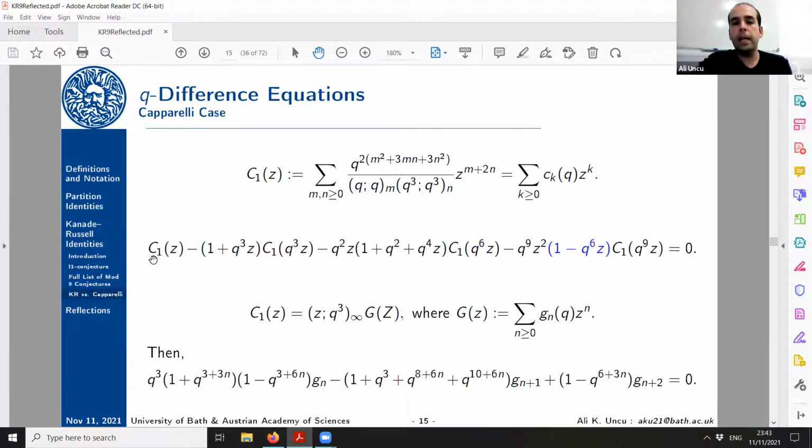But the way that I actually found these q-difference equations was that I tried to guess the minimal one. So I created an ansatz and tried to guess the minimal one. In that sense, when I get a q-difference equation that I prove later on, I believe I'm getting the lowest order one anyway.